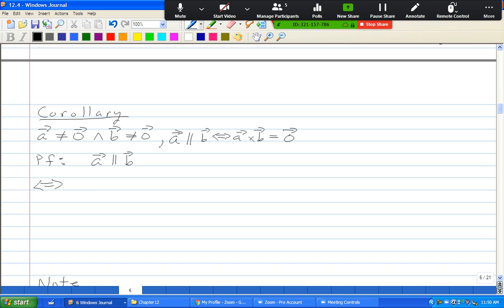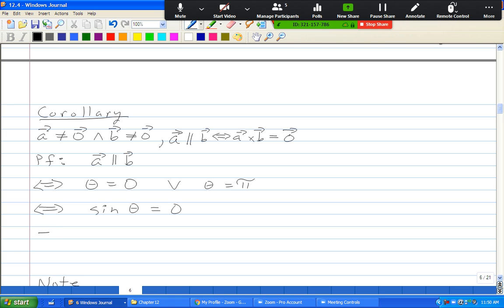Okay, so then two vectors will be parallel if and only if their angle of intersection is either 0 or pi. And so, in either case, the sine of theta is 0.